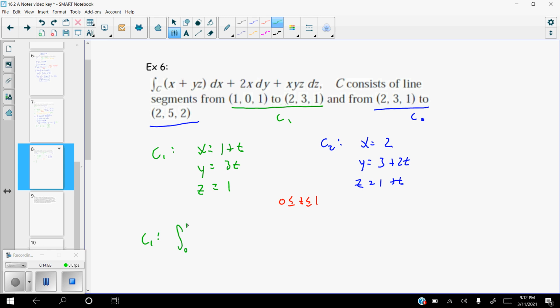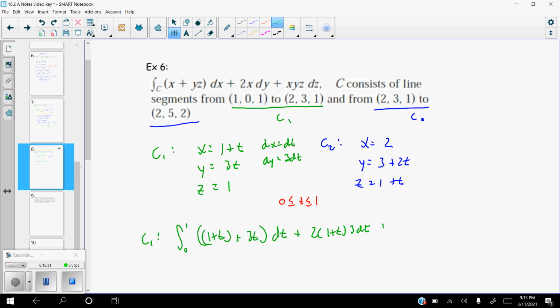So x is 1 plus t, plus yz, which is y times z, is 3t, dx, which is 1 dt, so just dt, plus 2x, which is 2 times (1 plus t), times dy. dy here is 3 dt, so times 3 dt.